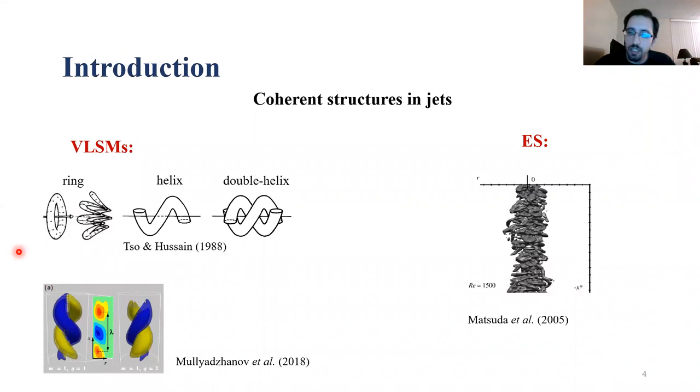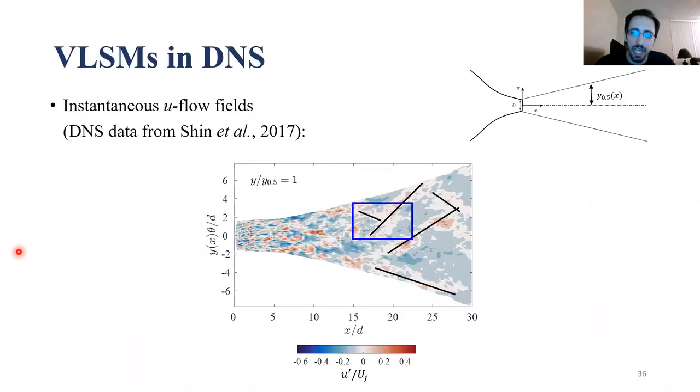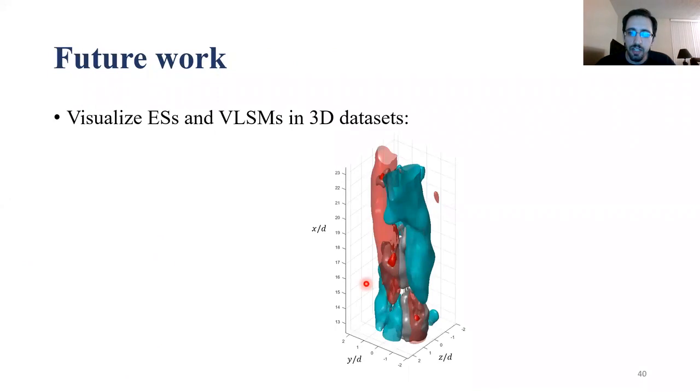In the final slide that I showed, using conditional averaging, I could extract this helical very large scale motion, and because I'm not removing any scales, I still retain the eddy structures. I computed these conditionally averaged VLSMs, and then computed the eddy structure field on that.